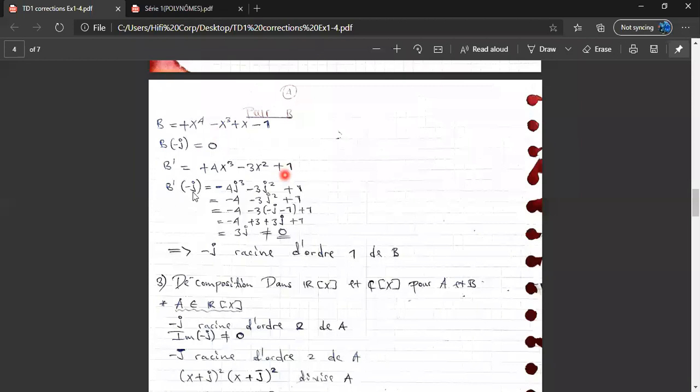We put our negative j. What are we going to have? The exponent is odd, so you carry the negative: negative j times 4, it will be negative 4j to the power 3. And here it's even, so it will be j squared, so minus 3j squared plus 1. You know the identity of this, so it will just be negative 4 here, negative 3j squared plus 1 first. And then we collect like terms, what are we going to have?